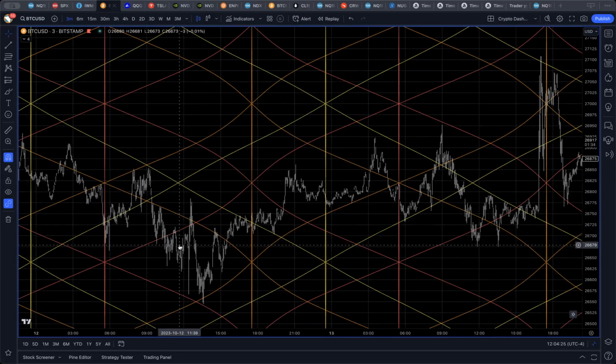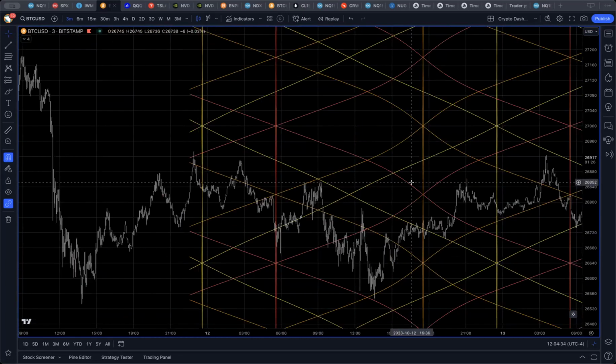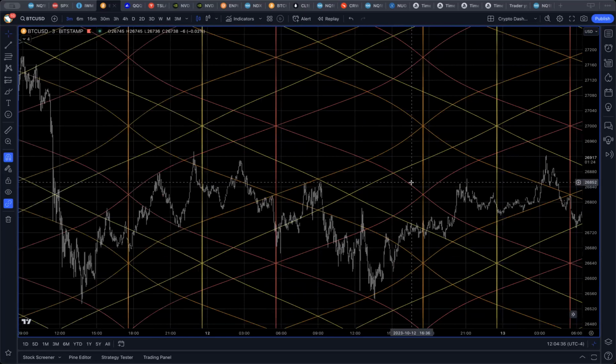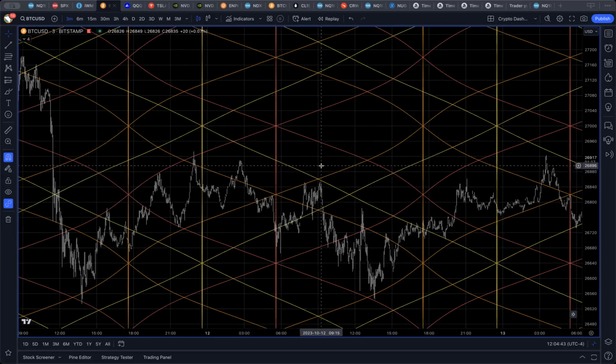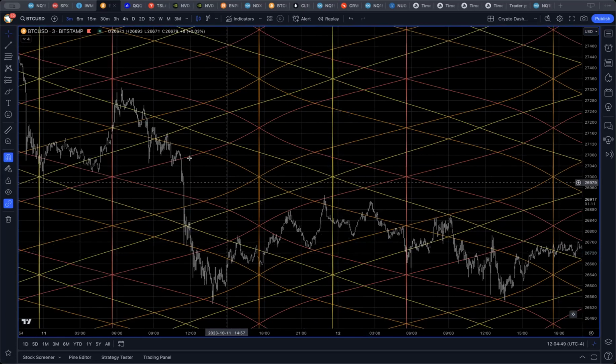We've got 2 yellows crossing, and it's the same. So we've got price touching at the same spot. This is one of those interesting examples of price balancing out at similar spots. And you can go through and do some more testing of this yourself.